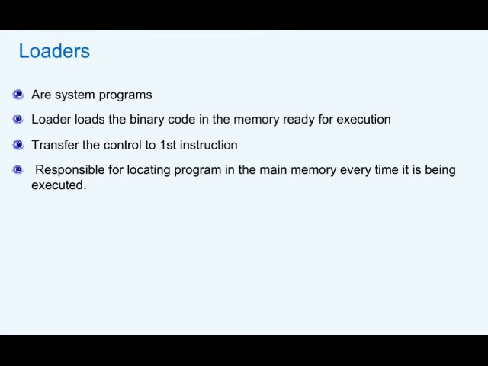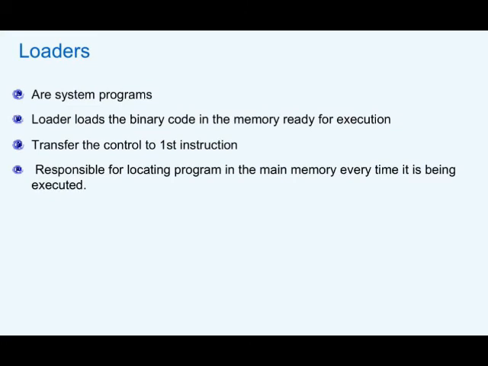For this purpose, we have another system program called the loader, which will not only copy the code, or load it into the main memory, it will also prepare it for execution. As we see here, the loader will load the binary code into the main memory and transfer control to the first instruction for execution.